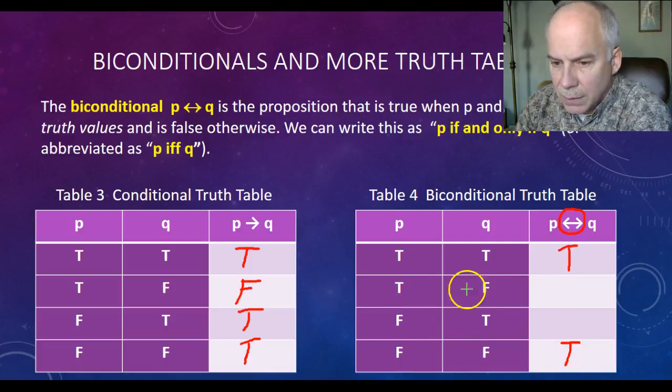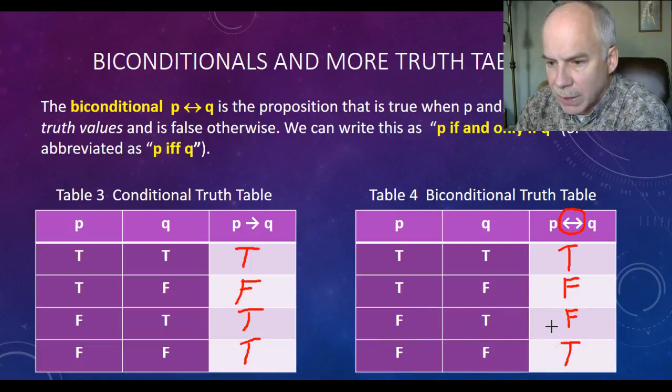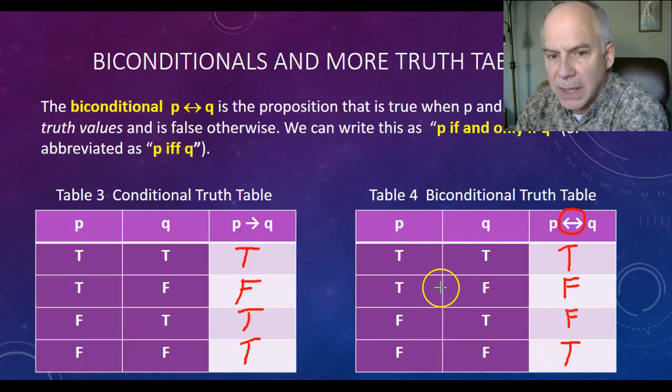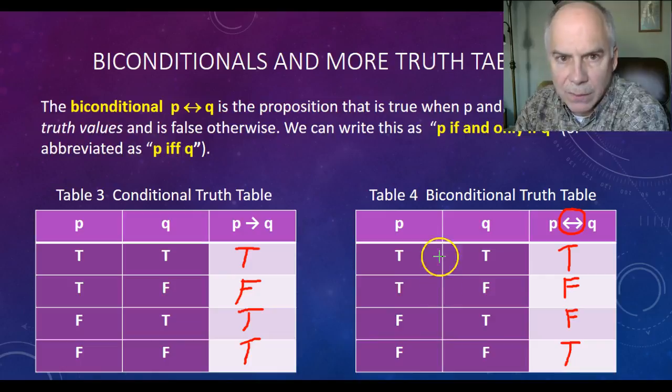But when they're different truth values, where one's true, one's false, that's going to be false. So the biconditional is true in the first and the last rows of a truth table that's made in the standard way.